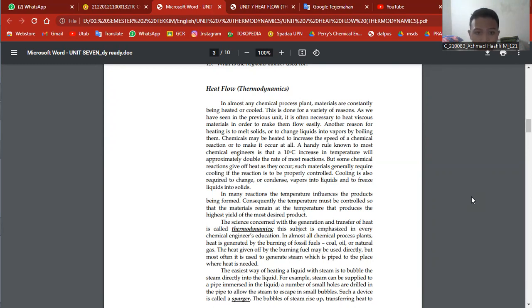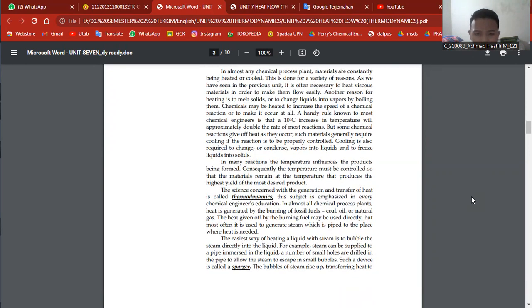Another reason for heating is to melt solids or to change liquids into vapors by boiling them. Chemicals may be heated to increase the speed of a chemical reaction or to make it occur at all.